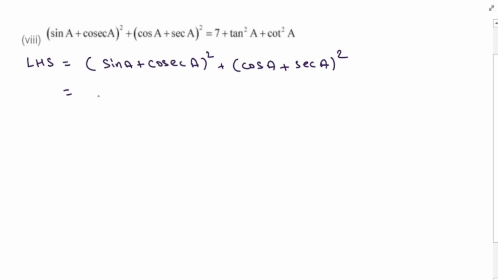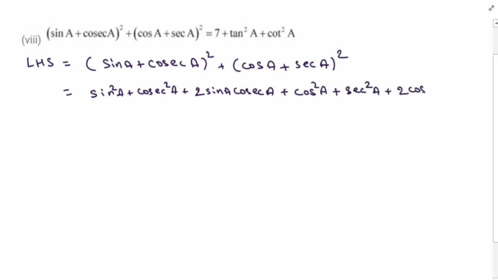Apply the (a plus b) whole square identity. We will get sin square A plus cosecant square A plus 2 sin A into cosecant A, plus here again (a plus b) whole square, cos square A plus secant square A plus 2 into cos A into secant A.